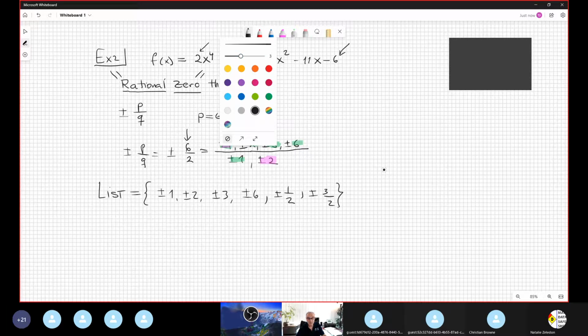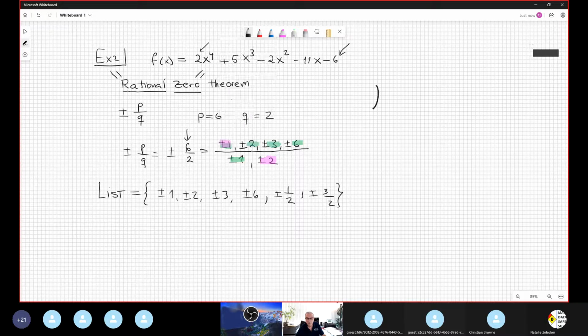Let me try it here: 5, -2, -11, and -6. You could try several combinations here, but it's too long a process. I know where the answer is.